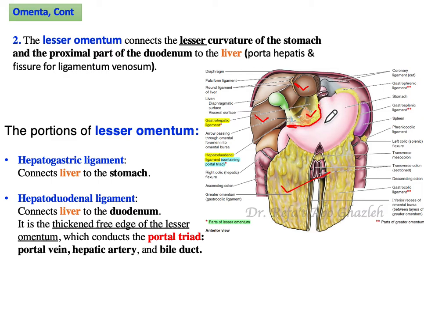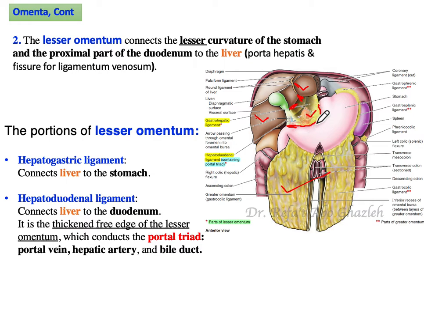Inferiorly it's connected to the lesser curvature of the stomach and the first part of the duodenum, and superiorly it's connected to the porta hepatis and the fissure for the ligamentum venosum, which is easier to see from the inferior surface of the liver.